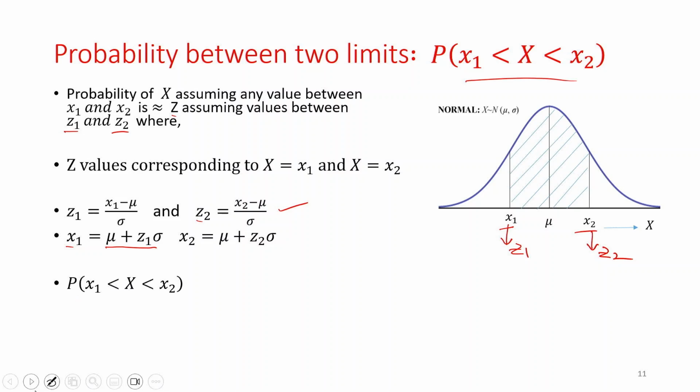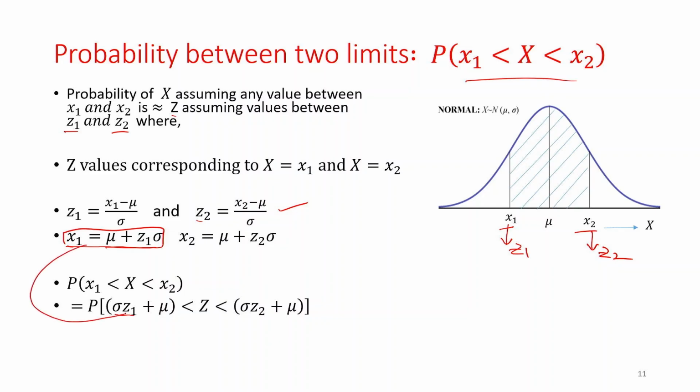So P of X between x1 and x2, we can write: what is x1? x1 is this, so I replace it by this value, mu plus sigma z1. Exactly, bring this here and place it. Similarly, you take this one and place it here, because on this side I have x2.